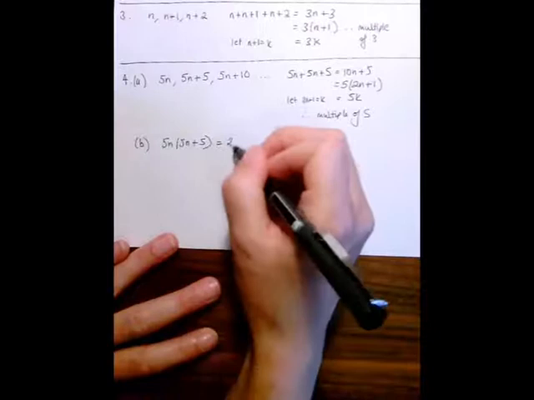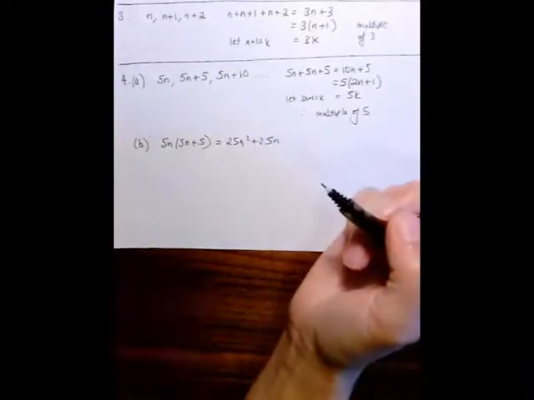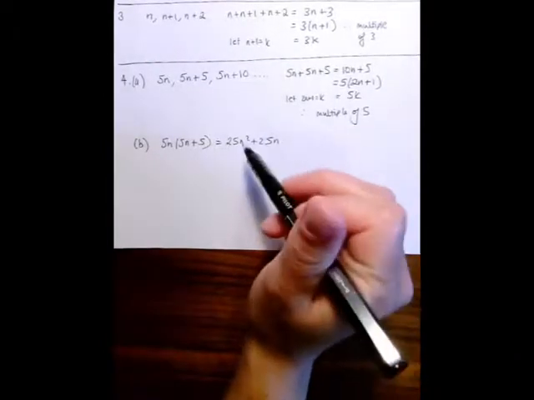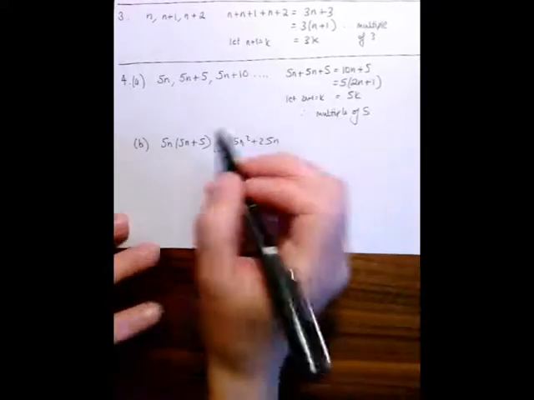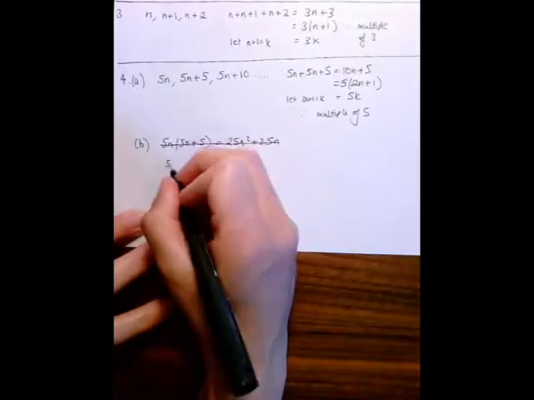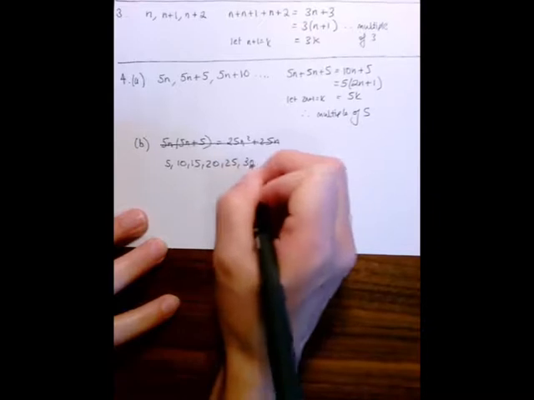But what I get there is 25n squared plus 25n. And it's quite hard in a way there to show that it's always even, because we've got this factor of 25. So what I would instead be thinking about for this one is the numbers in the 5 times table.